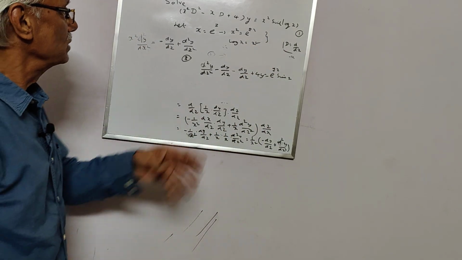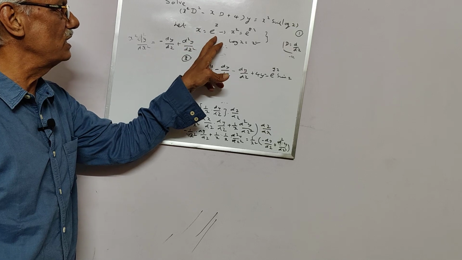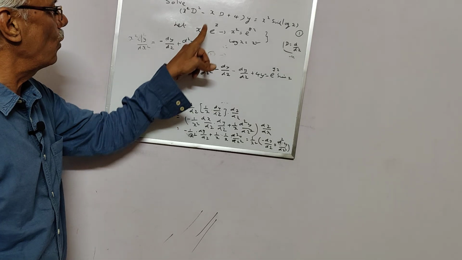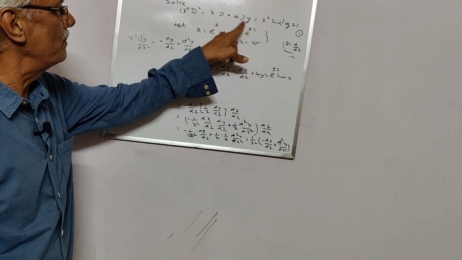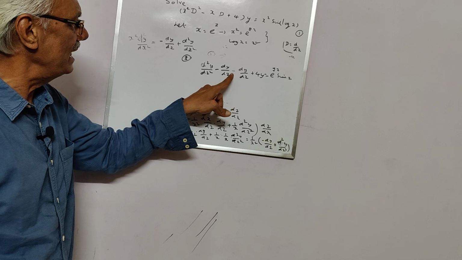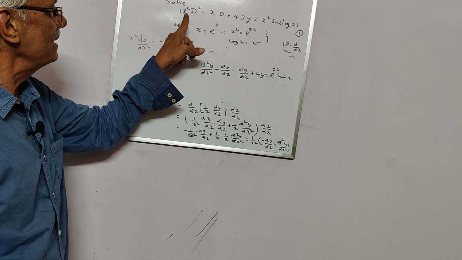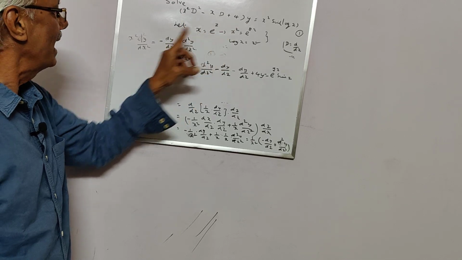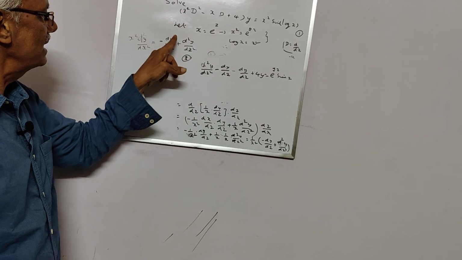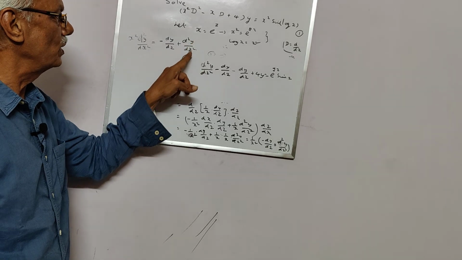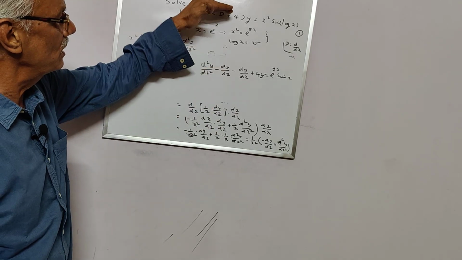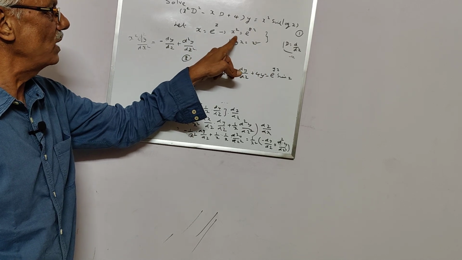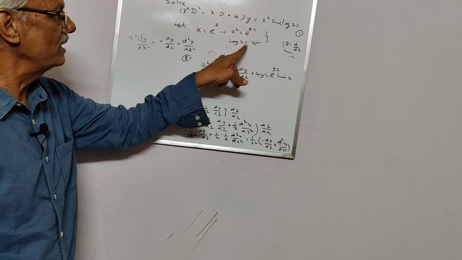I will explain once. We have used the transformation x is equal to e to the power of z, and using that we get x dy by dx as dy by dz, and x squared d squared y by dx squared as minus dy by dz plus d squared y by dz squared. Substitute them here, and on the right hand side, since x is e to the power of z, x squared will be e to the power of 2z and log x is equal to z.